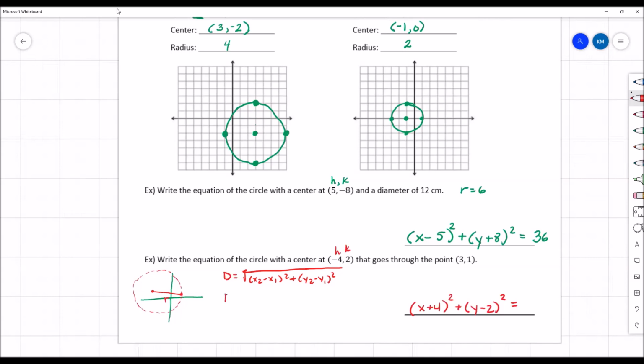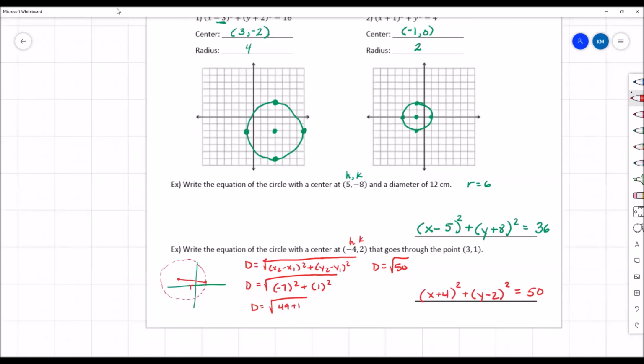As we look at this, negative 4 minus 3 gives us negative 7, so negative 7 squared plus 2 minus 1, which is 1 squared. So we have 49 plus 1, which is 50. So the distance, not diameter, is radical 50. That's r. Since the distance is radical 50, then radical 50 squared just gives us 50. So here's the equation of our circle.